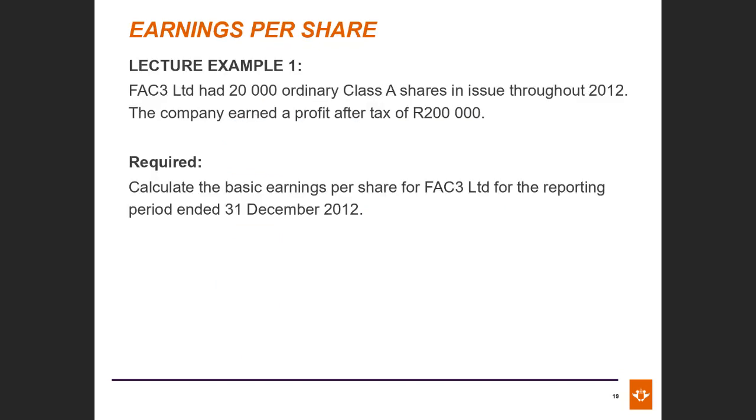Okay. So let's have a look at an example and test whether we understand these principles. We have a company here, FAC3 Limited, which has 20,000 ordinary Class A shares in issue throughout 2012. The company earned a profit after tax of 200,000 Rand.